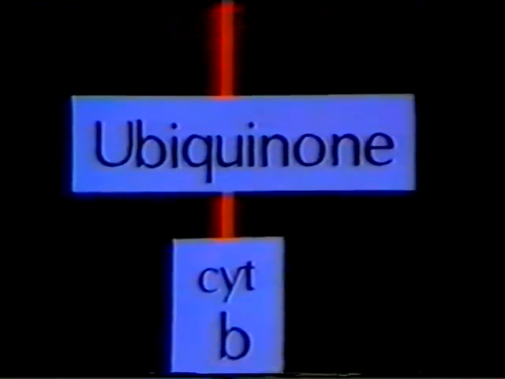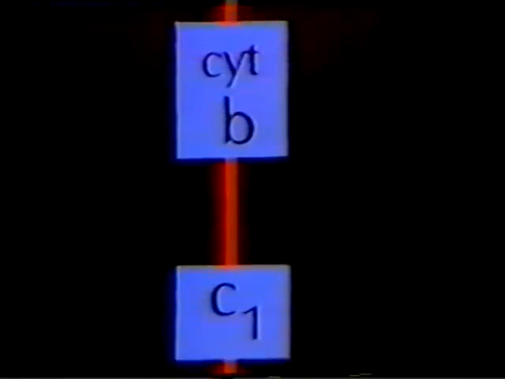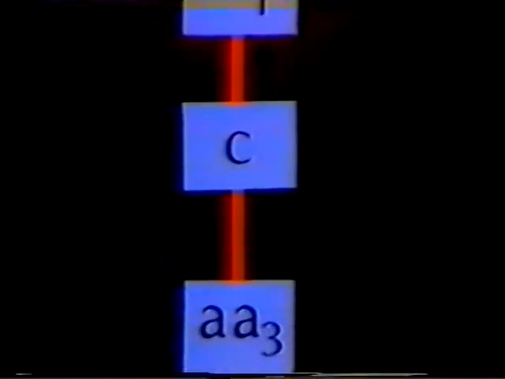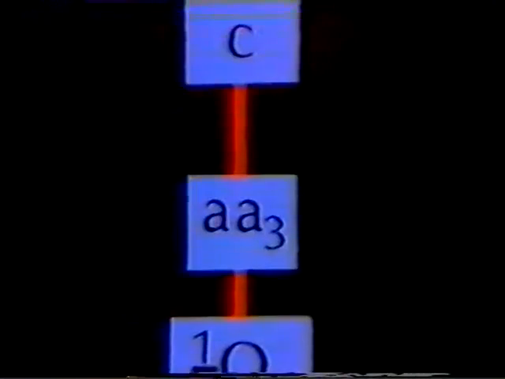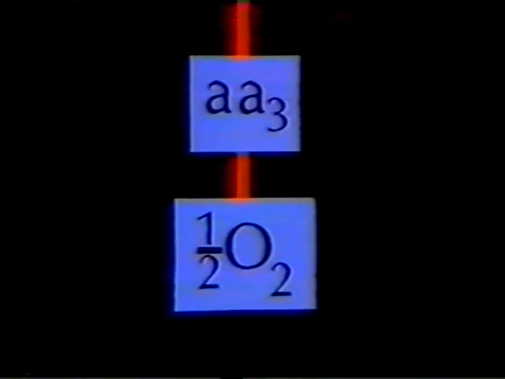Now the electrons go through a linear series of three red cytochromes: cytochrome B, cytochrome C1, and cytochrome C. Finally, cytochrome C is oxidized by a green cytochrome called cytochrome AA3 with molecular oxygen as the final electron acceptor. For this reason, cytochrome AA3 is also called cytochrome oxidase.